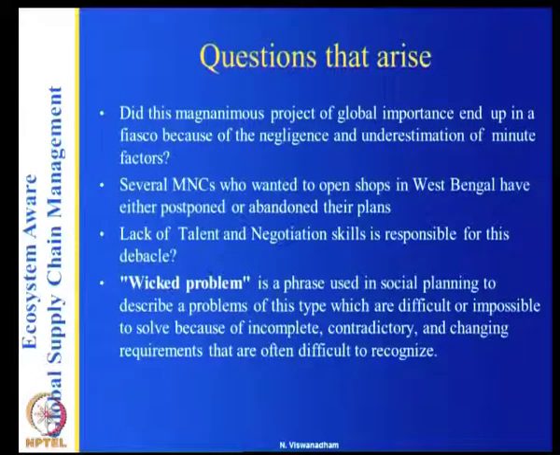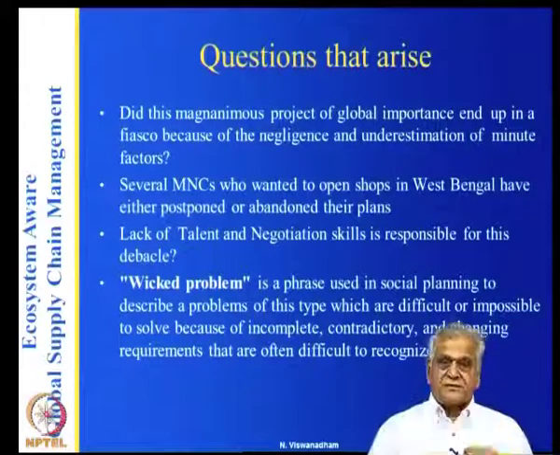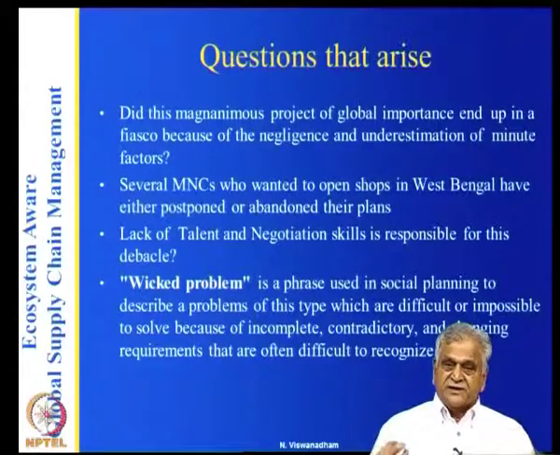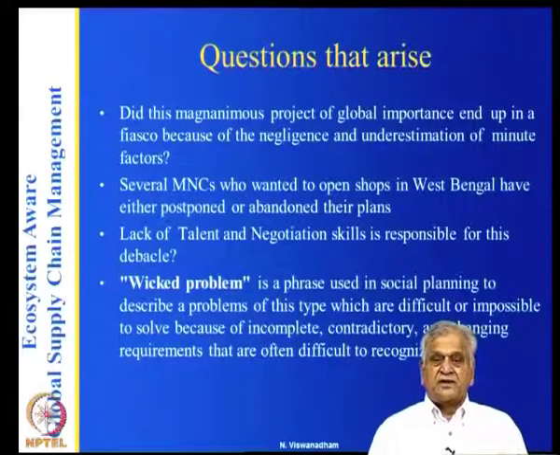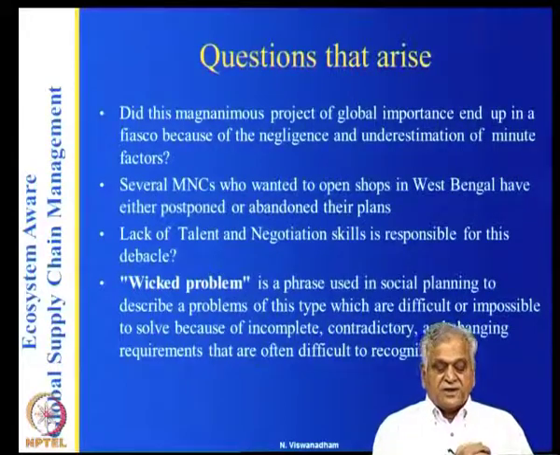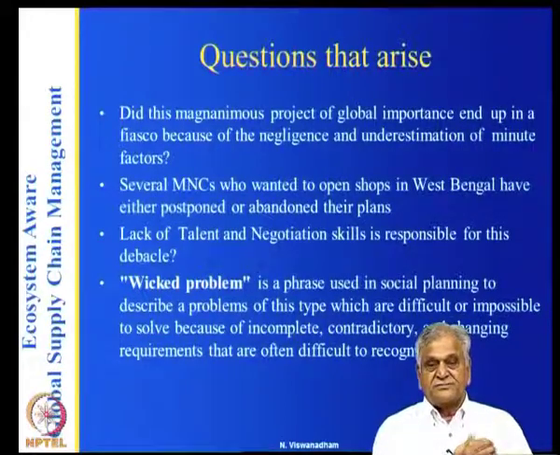So, such problems in society, where there are several partners, government on one side, the industry on another side, the people on the third side, opposition parties on the fourth side, and on the fifth side, other states who are trying to lure Tatas into this. So, there are 5 or 6 partners who are basically trying to get the problem solved in their own way.